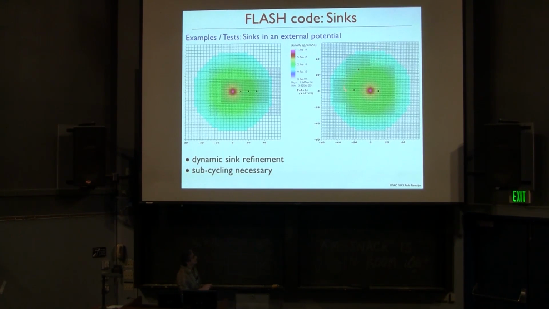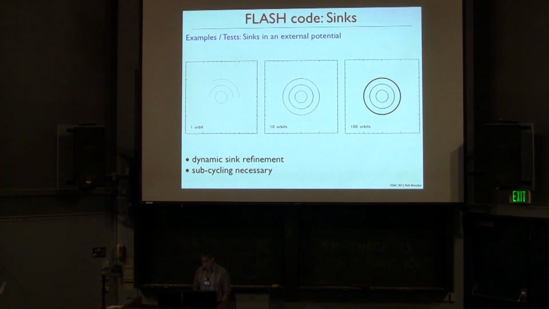So these regions become refined wherever a sink particle is. Here's the result of the orbits for this type of simulation for up to 100 orbits, and they all go nicely around in a circle. So the gravitational interaction works pretty well, at least for the simplified cases where you can really test it.